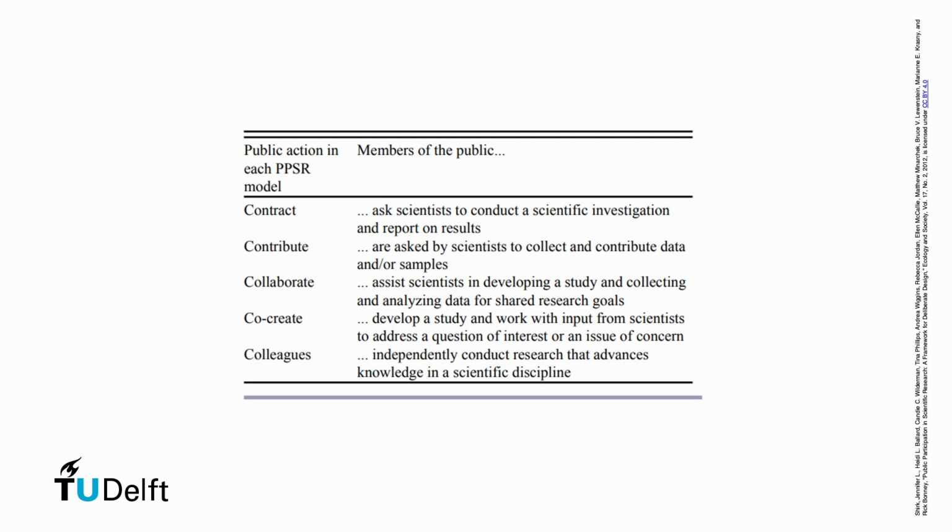And co-created projects, which are designed by scientists and members of the public working together and for which at least some of the public participants are actively involved in most or all aspects of the research process. Finally, collegial contributions, where non-credentialed individuals conduct research independently with varying degrees of expected recognition by institutionalized science and or professionals.